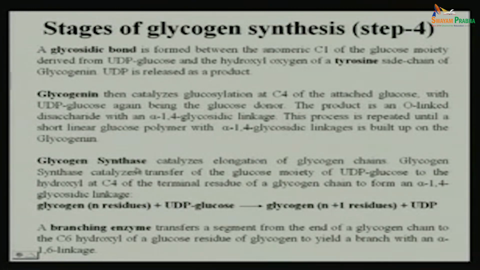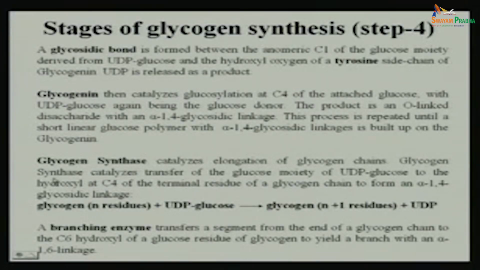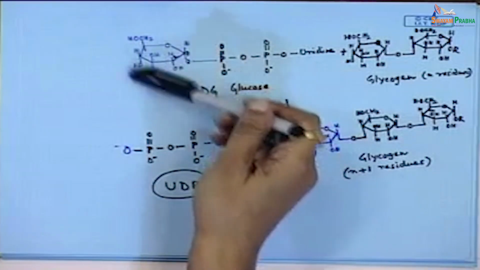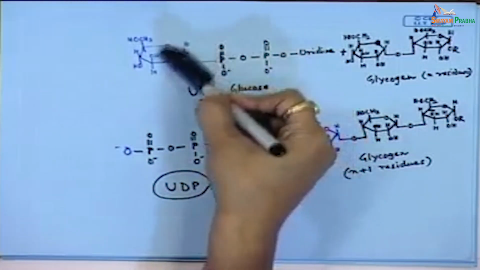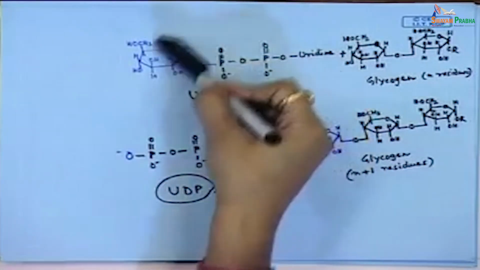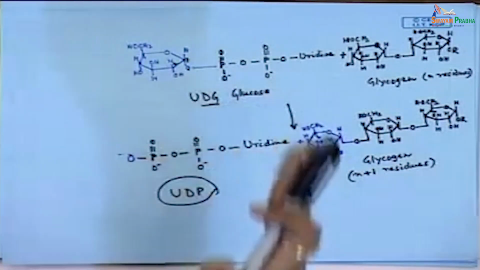Glycogen synthase is the enzyme which catalyzes the elongation of the glycogen chain. That means it determines how big this chain length will be. Glycogen synthase catalyzes the transfer of glucose moieties. That means in the presence of this enzyme, the supply of UDP glucose continues and chain length is being determined.